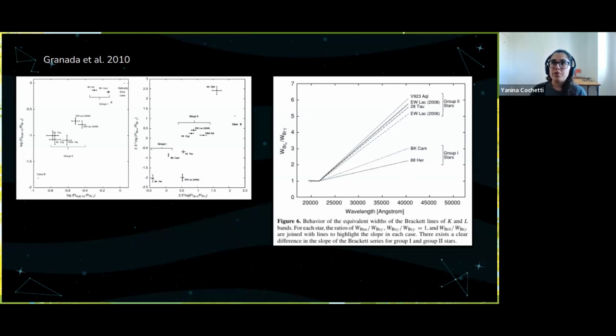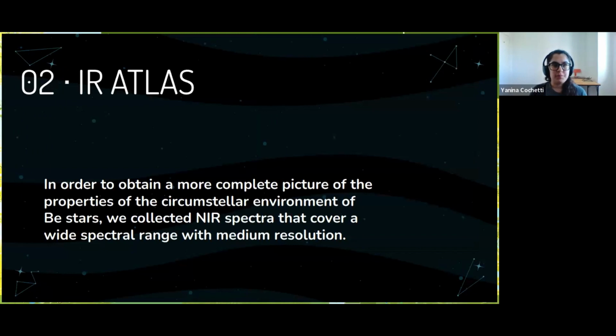And there are other works that focus on one specific line, or on one spectral range, or on one single object. So we wanted to obtain a more complete picture of the properties of the circumstellar environment of these stars.